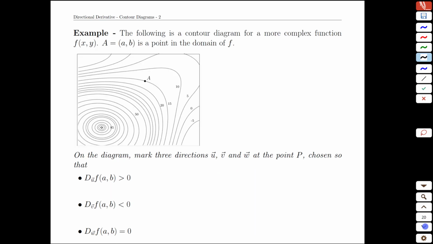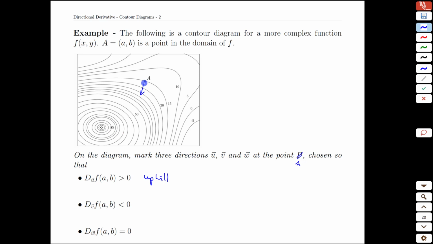Let's imagine that same conversation happening now on a more rich contour diagram. We can see that there's a peak in the contour diagram here because there's a height of 85, and things are going down and then down towards this corner here. Using the same approach as before, noting our point is A on this diagram, we imagine directions on the plane where if we travel in those directions, we go uphill. Well, that's pretty clear again with the interpretation of this being the peak.